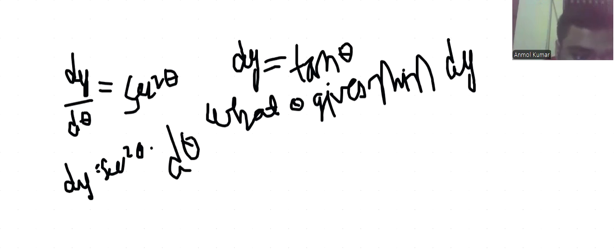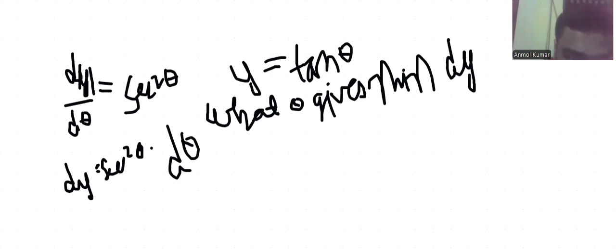I'm sorry, this is not dy, it's y actually. The differential of y with respect to theta is sec square theta, so dy is sec square theta into d theta.